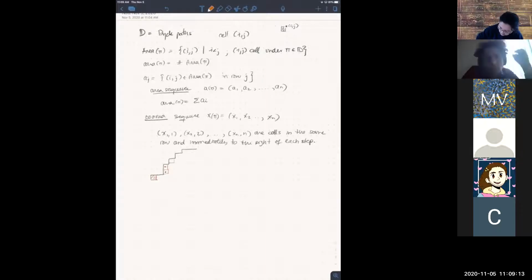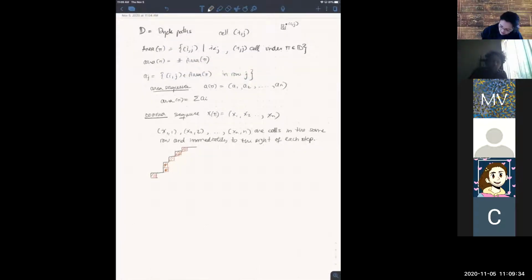You'll notice that for every row, you pick up a new box, which is why the second coordinate is just going to be 1 through n, because you have a total of n north steps. So these boxes are the cells that make up the co-area sequence. And what that means is that if you sum up aj plus xj, you get precisely j, right?